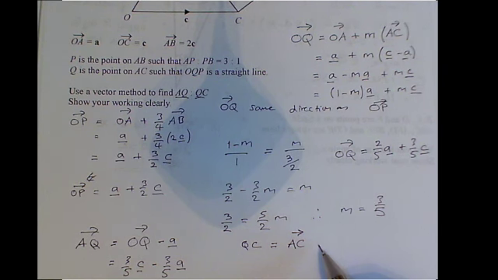Yeah, minus A to Q. Leaves me with Q to C. Okay, and A to C, of course, is C minus A. I'm going to take away the A to Q, which we've already written down.